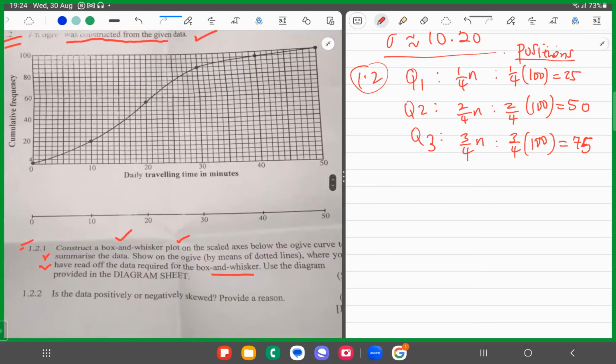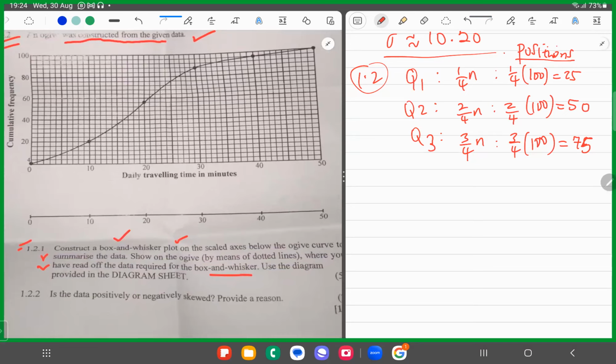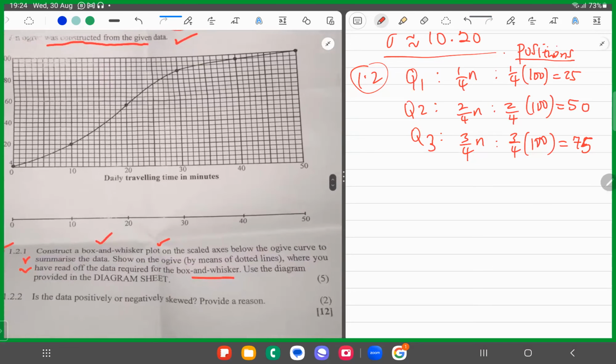Now, we need to construct a box and whisker plot on the scaled axis below the Ogive curve, to summarize the data, showing on the Ogive by means of dotted lines where you have read off the data required for the box and whisker. Use the diagram provided. Is the data positively or negatively skewed? You provide a reason for the answer.